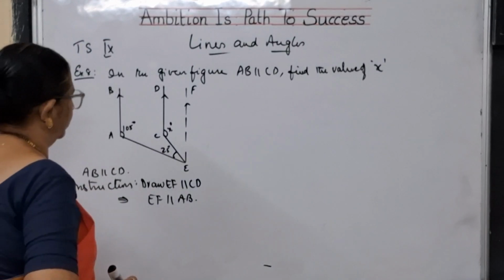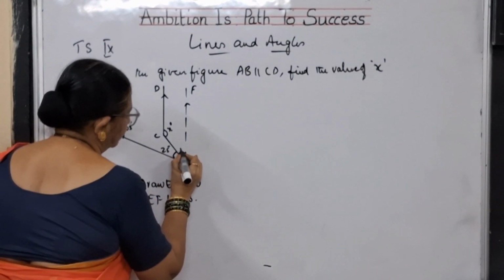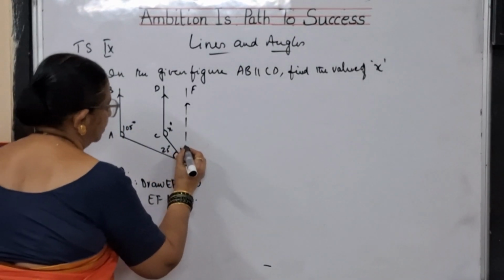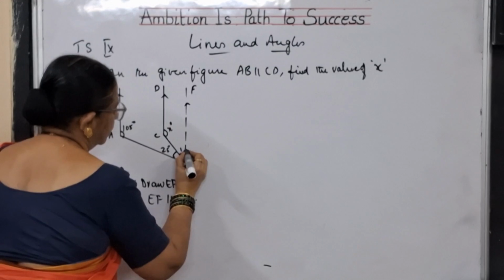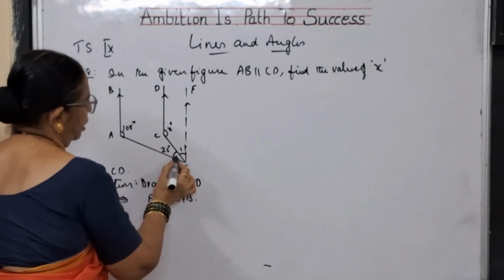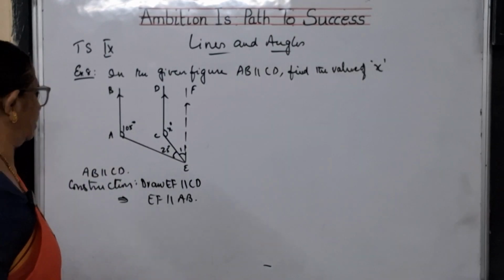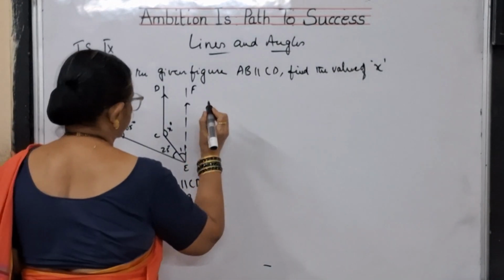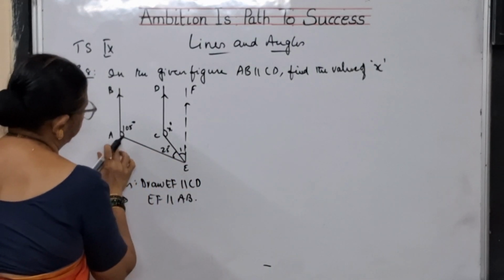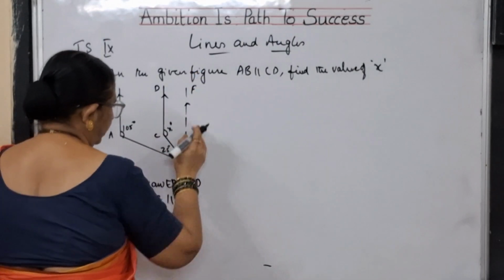Okay, now this construction we have done. What I will do is, this angle I will consider as 1. This is angle CEF, I am considering it as 1. This way it will be easy for you, children. We know that ABCD is parallel, so AB is parallel to EF.